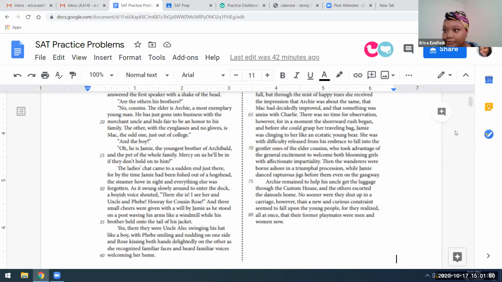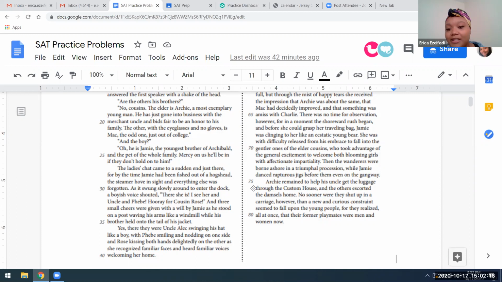The answer here is choice D, and that refers to lines 64 through 67. No, I'm lying, I'm looking at the wrong one, sorry. The answer is choice D, it's 76 through 79.